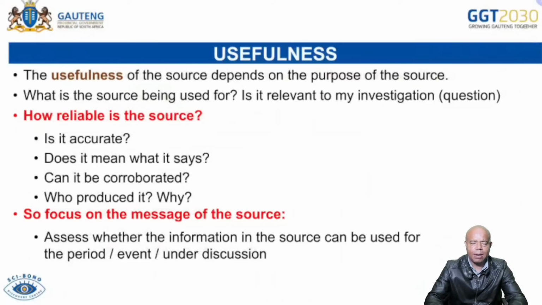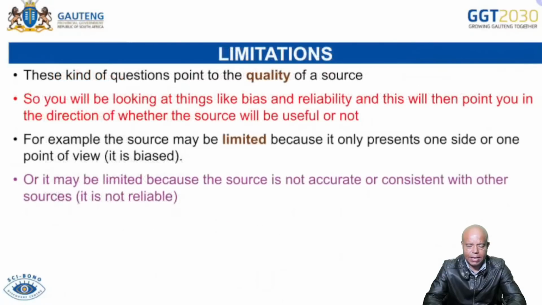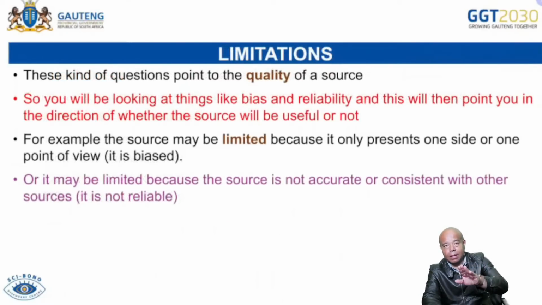So these are similar questions to those asked when you were doing reliability questions at the same time, basically. Then, very important, usefulness and reliability, they ask them: explain how reliable is the source, explain usefulness of the source, comment on how reliable is the source, comment on the usefulness of the source.